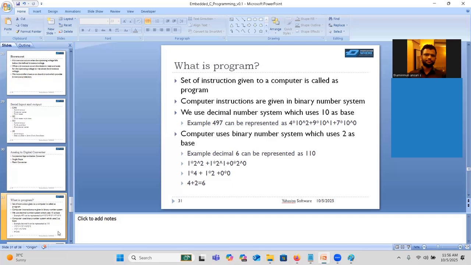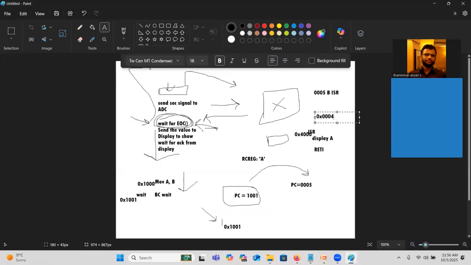At the end of the day, when you feed your instruction to your microcontroller or microprocessor, it is not for loop, while loop, move a comma b, or these sort of English-like commands. It should be a series of 1s and 0s, like that only.